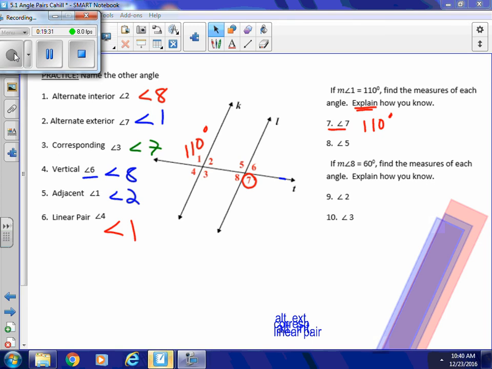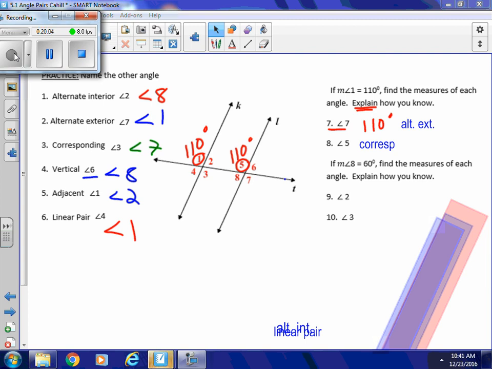But how do I know that? Well, what's the relationship between angles 1 and angle 7? They are alternate exterior angles. I abbreviated that. So now let's talk about angle 5. If angle 1 is 110 degrees, then I know that angle 5 is also 110 degrees. That's because 1 and 5 are corresponding angles. I abbreviated that and just called it corresp, but it's corresponding angles.